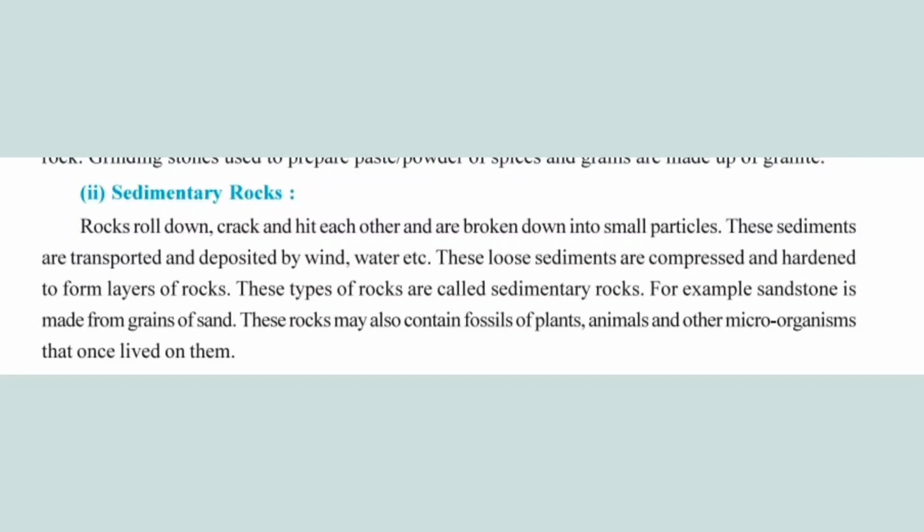For example, sandstone is a common sedimentary rock, and this sandstone is made of sand, commonly seen in desert areas. Radford in India is a common example of red sandstone.